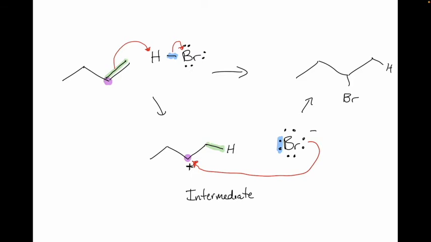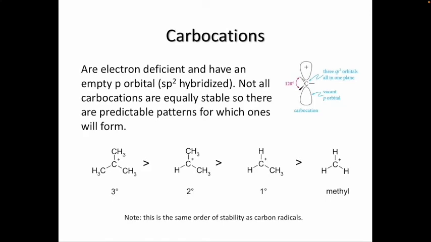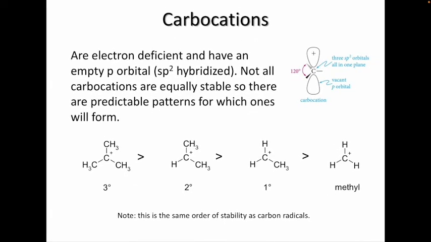Why is that? Well, similar to how we talked about the stability of radicals being different depending on the level of substitution of the carbon, we have the same thing with these positive charges, what we call carbocations. Remember, cations are positive, so a carbocation is a carbon that has a positive charge. Tertiary carbocations are more stable than secondary carbocations, which are more stable than primary carbocations.